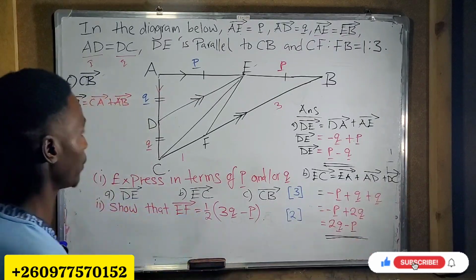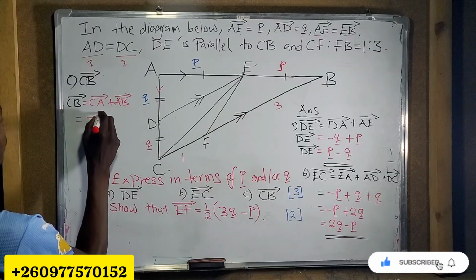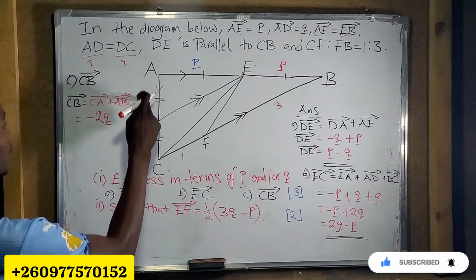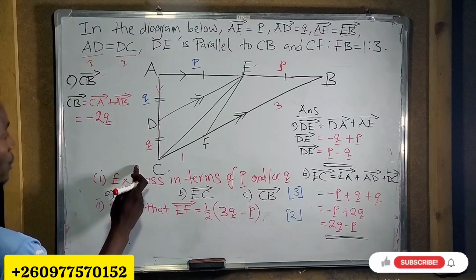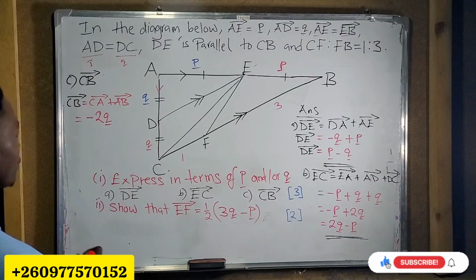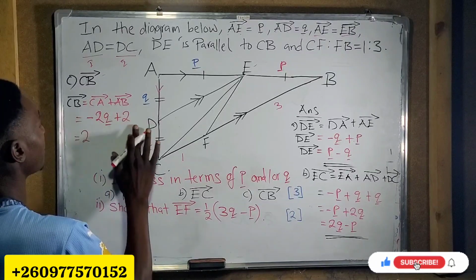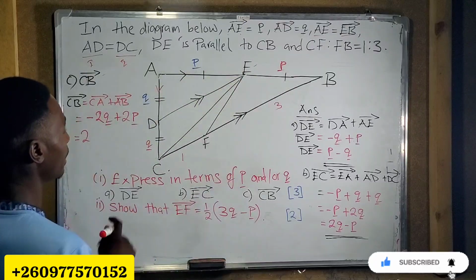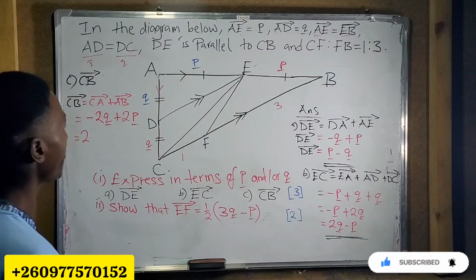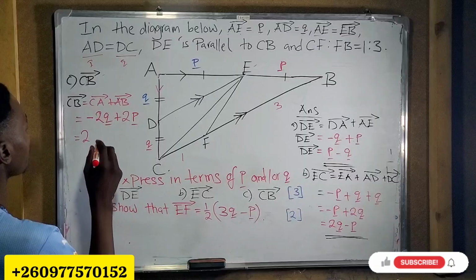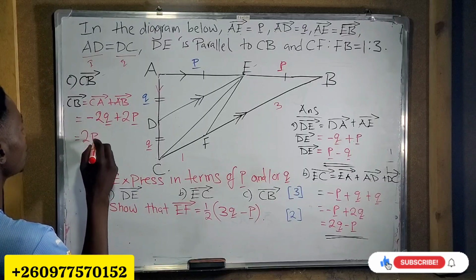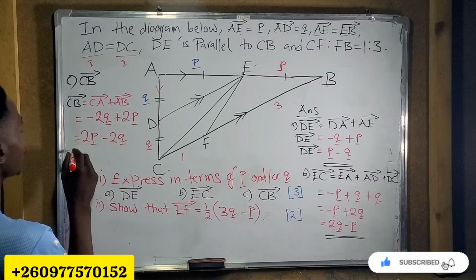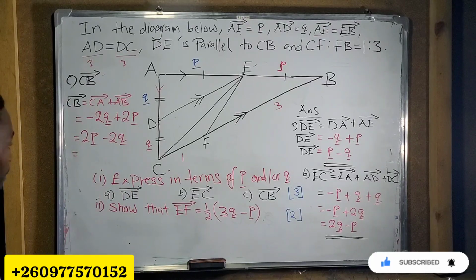It is 2 vector Q. So the opposite is negative 2 vector Q. Plus this is P. Always start with a positive vector, so we're going to write 2 vector P minus 2 vector Q. Here we can factorize.